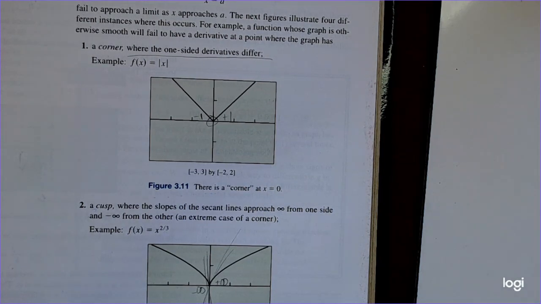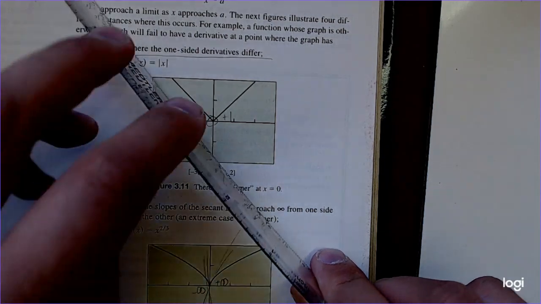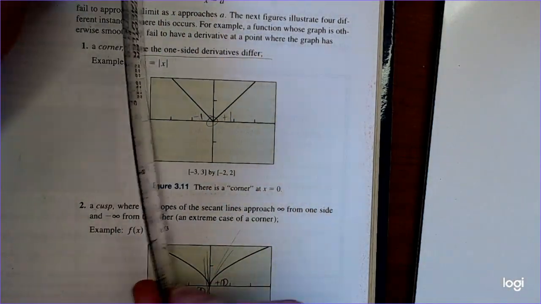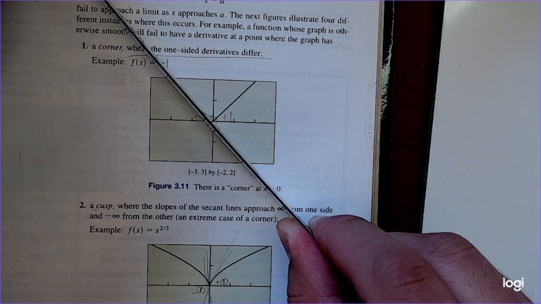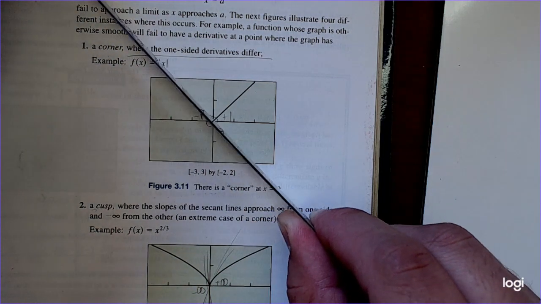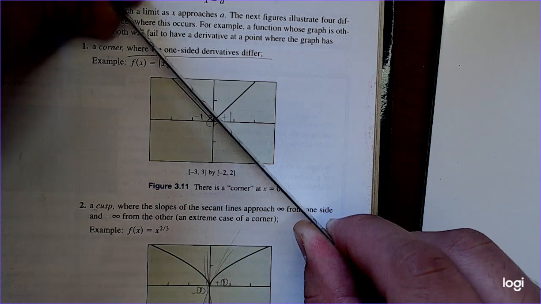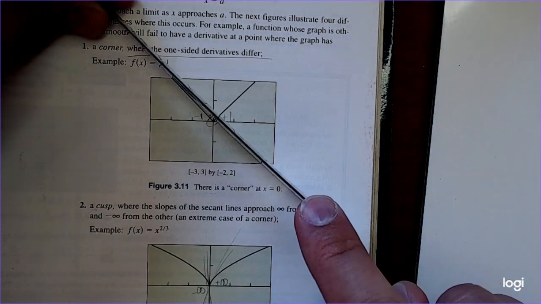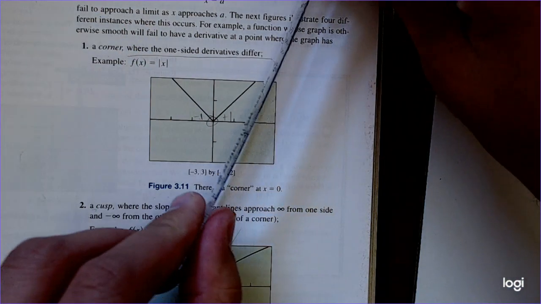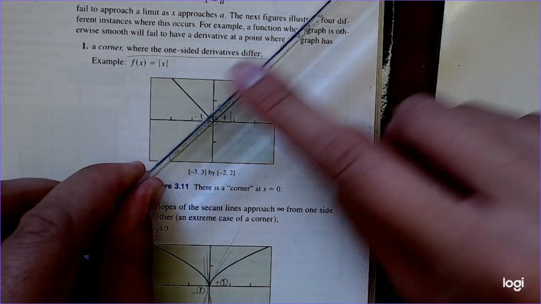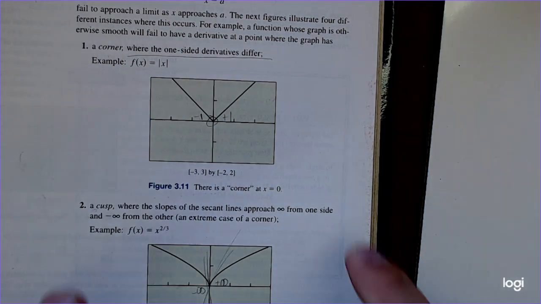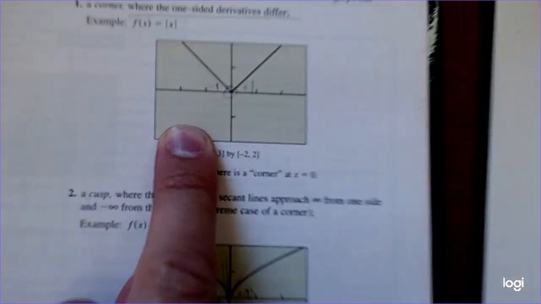I'm going to trace this with my ruler. As we approach from the left-hand side, the slope as we approach 0 is going to slant like that, so it's a negative slope, a negative tangent line. As we approach from the right-hand side, it would be a positive tangent line. So in this case, we have opposite slopes.